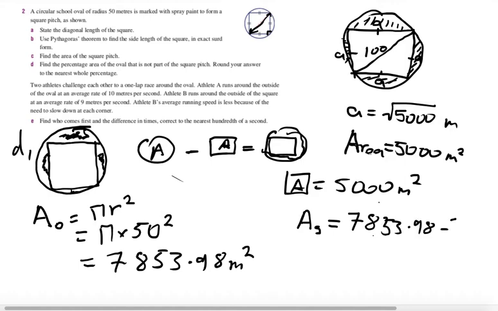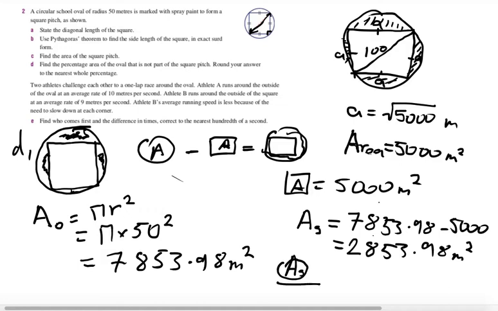The area shaded is going to be equal to 7,853.98 take 5,000, which is equal to 2,853.98 meters squared. The percentage of the shaded area of the whole oval: to do a percentage, we're going to do the area of the shaded divided by the area total, which is the area of the circle, times by 100.